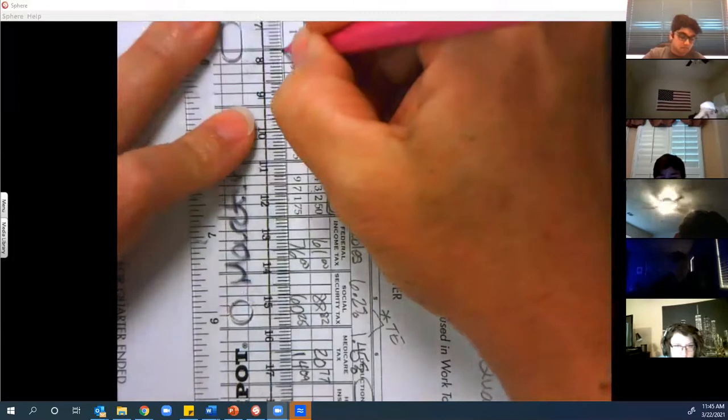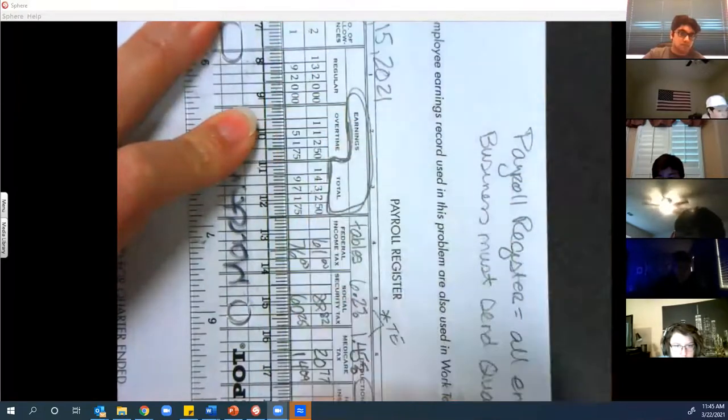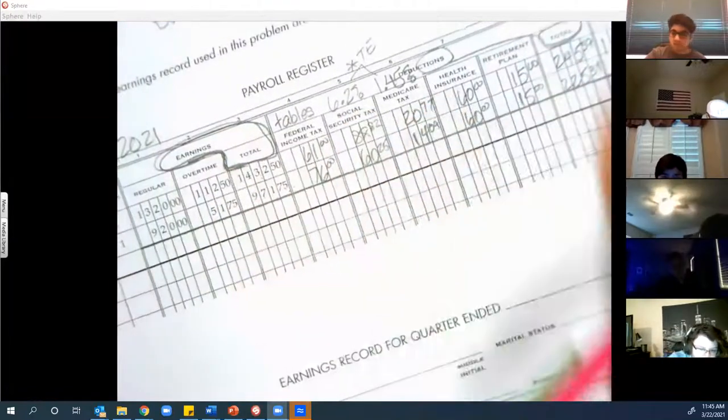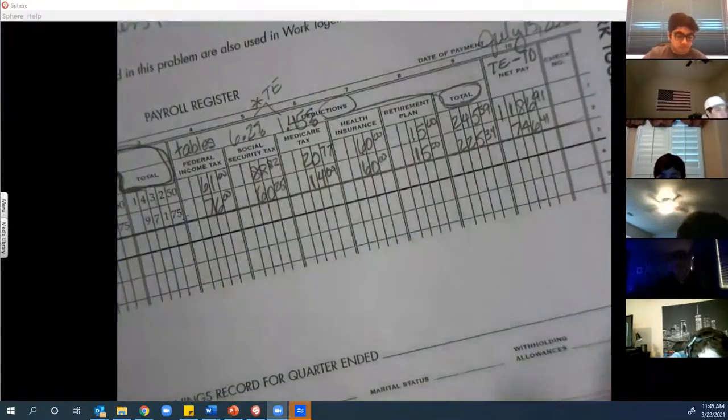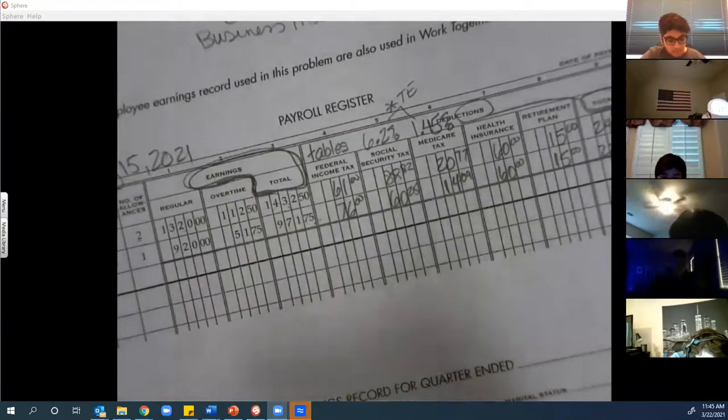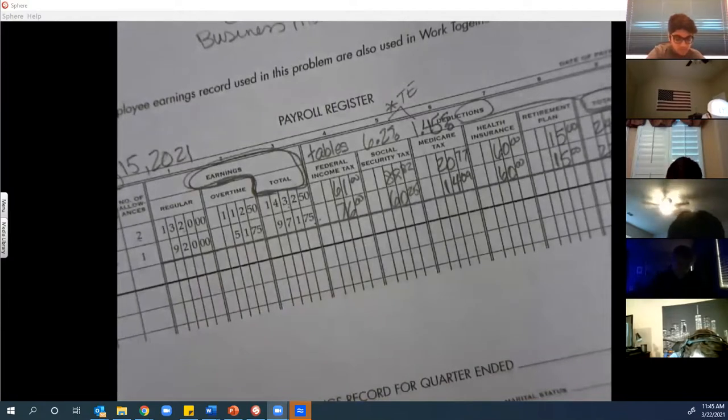So I'll rule it all the way across, and then we need to add down. Every column needs to be added down. For time's sake, I'll do it for you, because I've already got them written down. So 1320 plus 920.